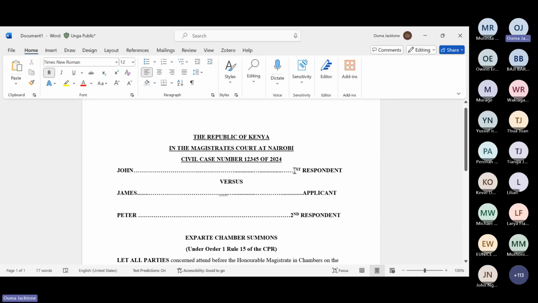Now, remember, this one was the plaintiff. Remember, we are using the caption of the case that was already filed. And this one was the defendant.